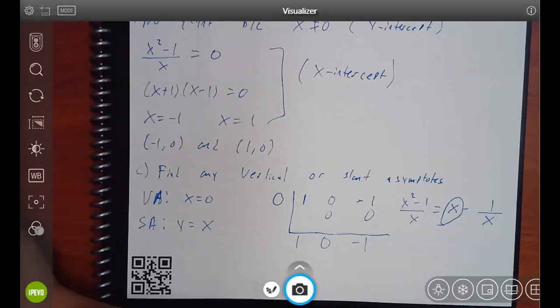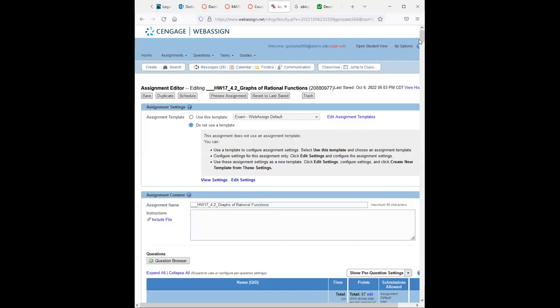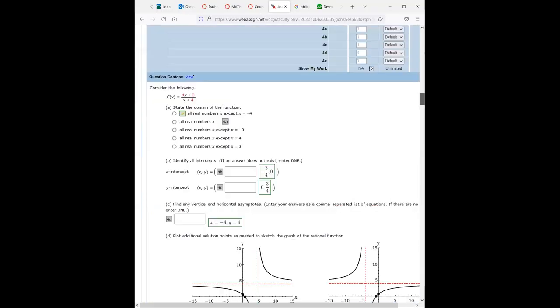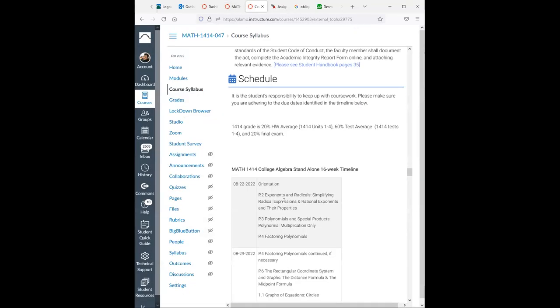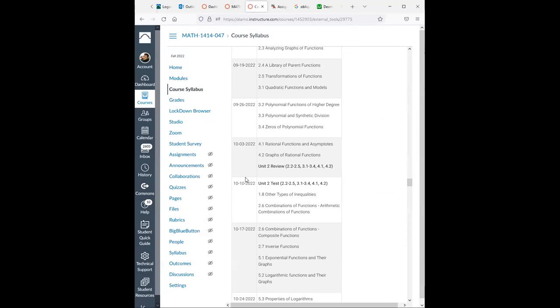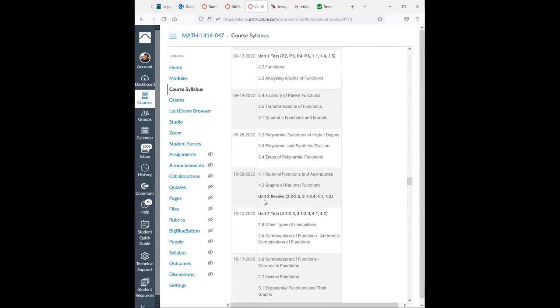Right. Let's see what else we got. I don't want to spend too much time on graphs. Let's see here. Where are we? So this is the end of the material for the first exam right here.